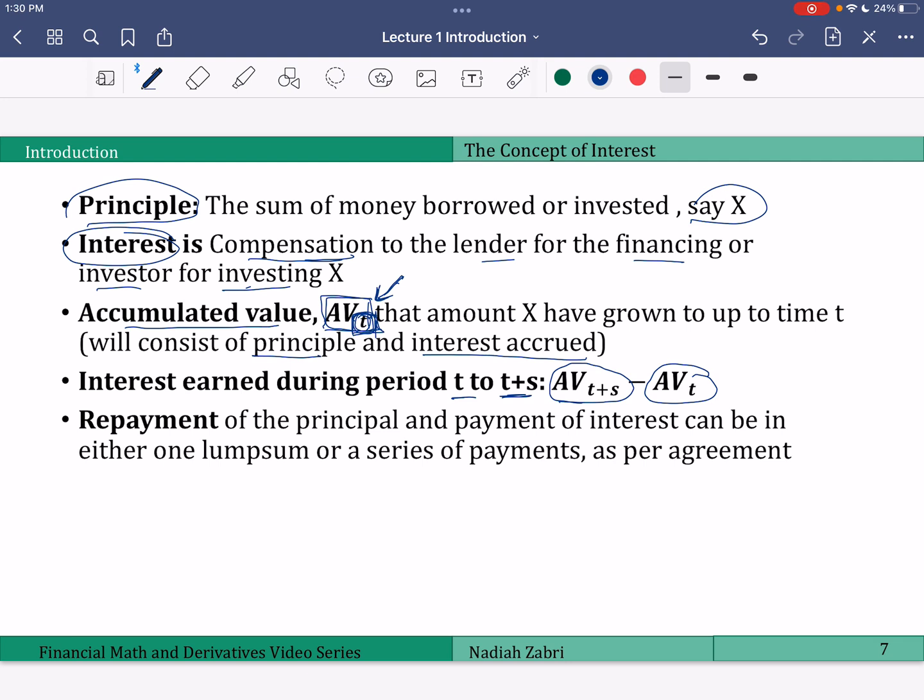Also, repayment of the loan by the borrower will be either by one lump sum or a series of payments, depending on the payment schedule as agreed. Different payment schedules will also lead to different interest due. So the interest amount will be different depending on your payment schedule.